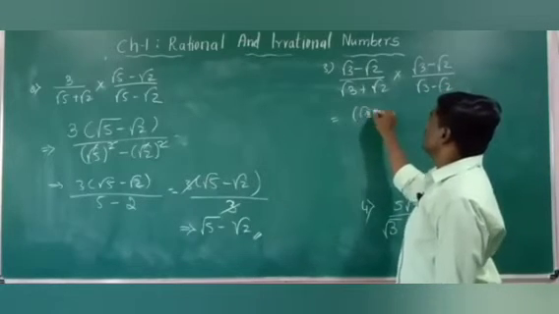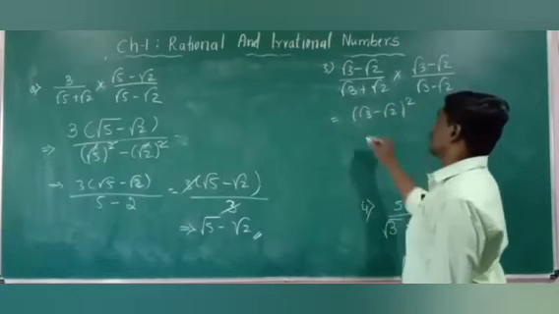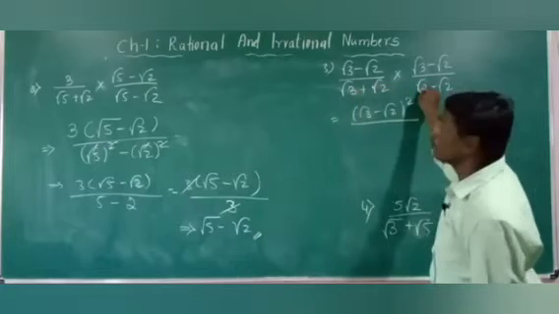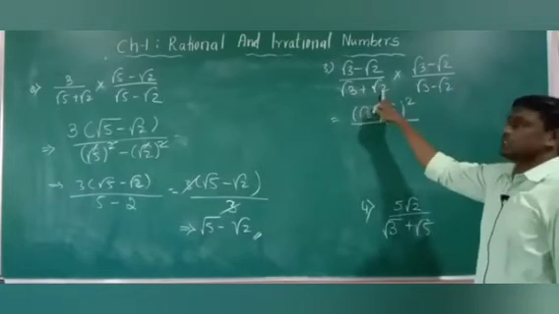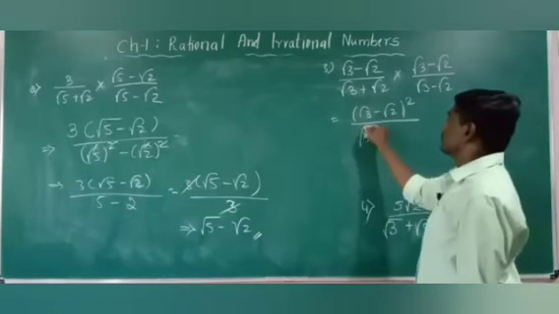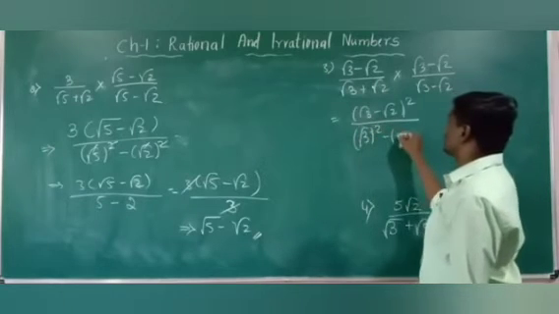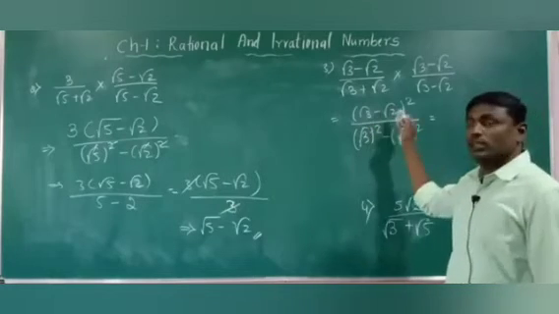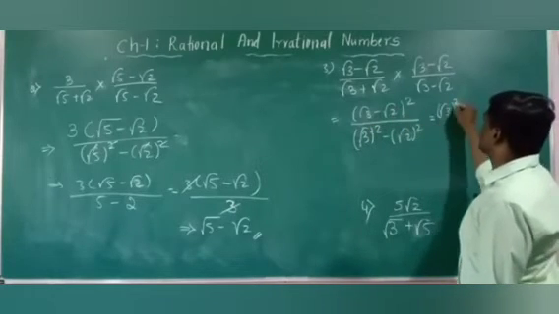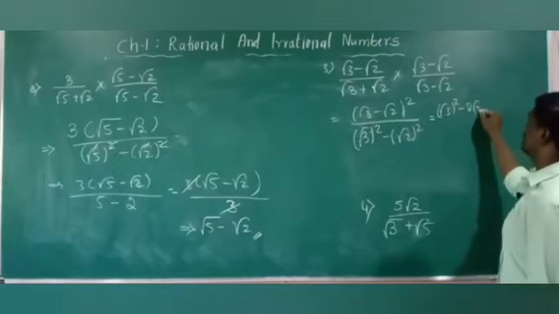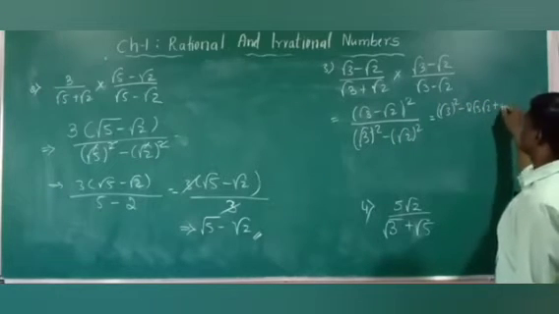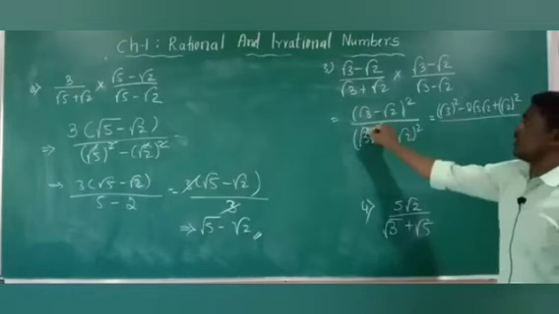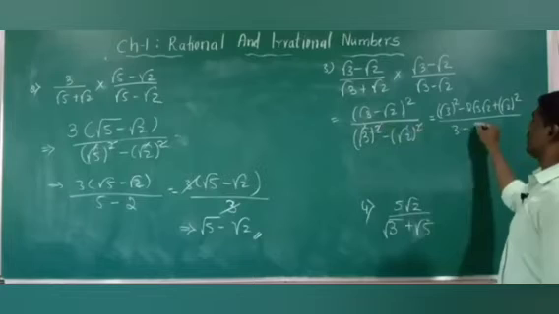So root 3 minus root 2 whole square divided by the denominator, which is in the form of root 3 plus root 2 into root 3 minus root 2, a plus b into a minus b. So root 3 whole square minus root 2 whole square. Simplify the numerator with the help of the a minus b whole square formula: root 3 whole square minus 2 into root 3 into root 2 plus root 2 whole square, divided by 3 minus 2.